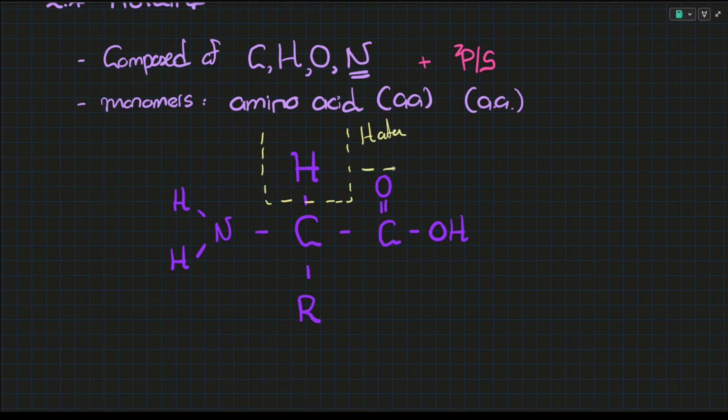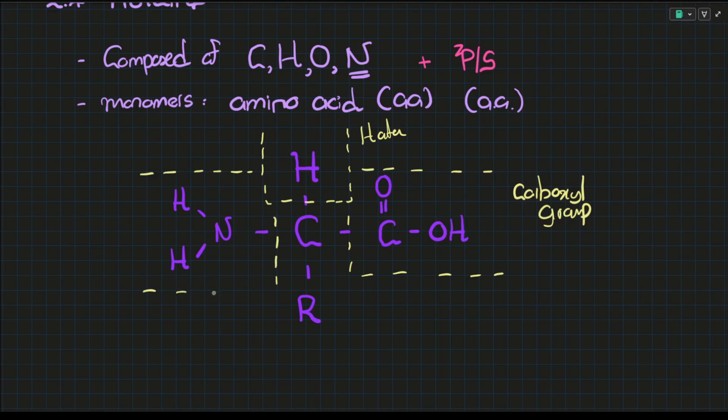This is what you refer to as a carboxyl group, or sometimes a carboxylic acid group, but call it a carboxyl group. This is an amino or amine group. And this is the variable side chain. That's what you call it.